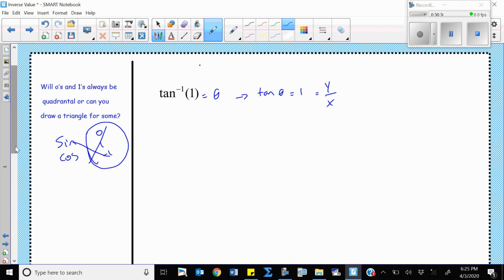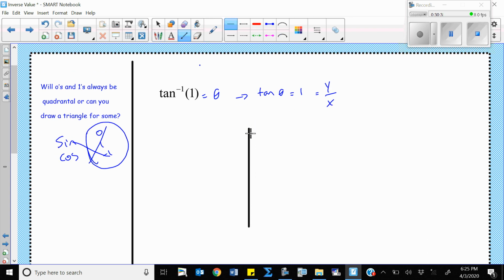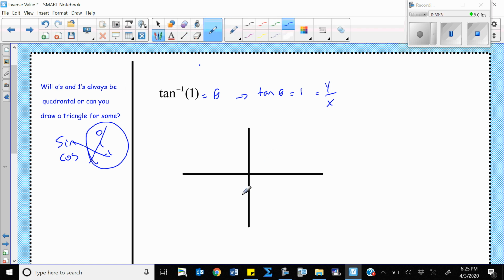So first of all, I'm going to start with my coordinate plane. If tangent is a positive value, on which quadrant would my angle be? We learned that if tangent is positive, the angle is going to be either here or here on the third quadrant. So I'm going to start with drawing my right triangle.